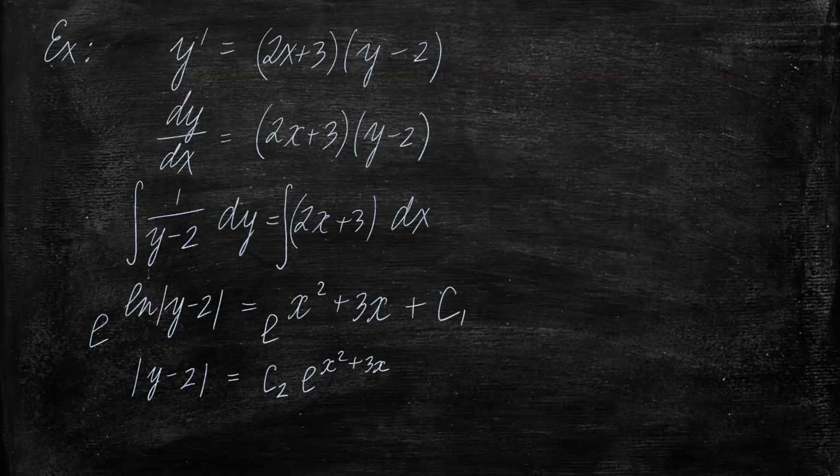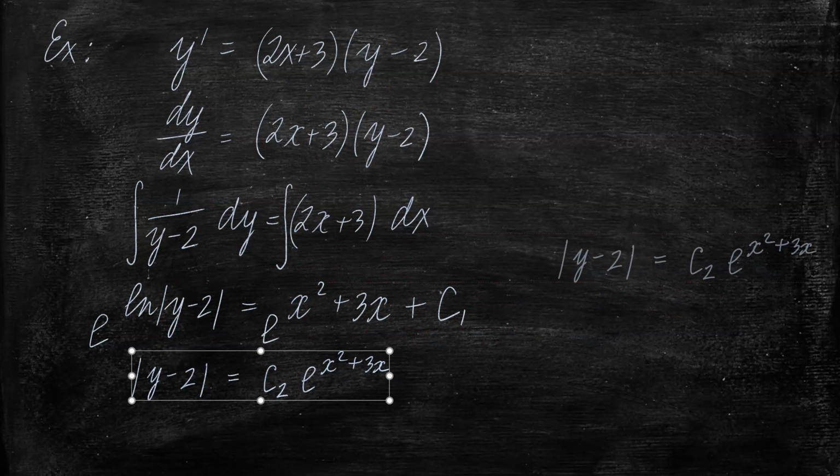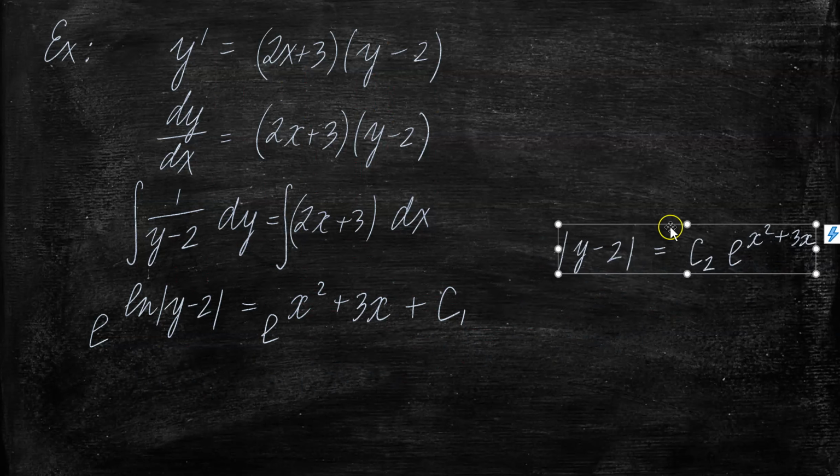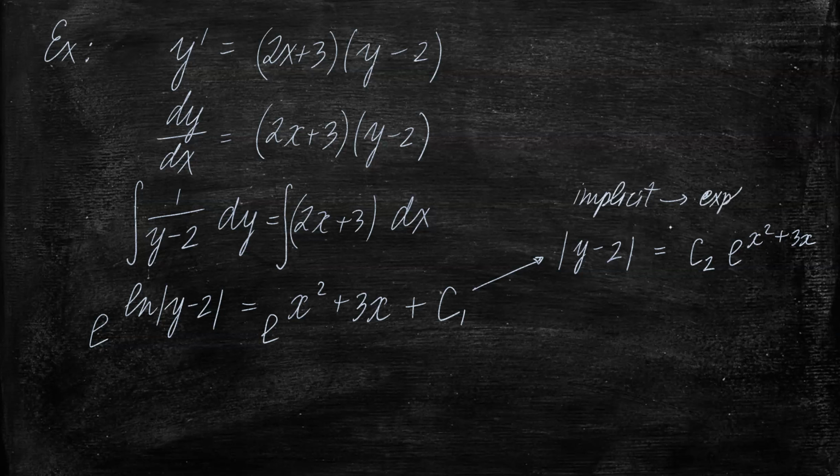To get rid of y minus 2, I guess let me do this on the side here, because these steps technically have nothing to do with differential equations. This is just us turning the general solution from implicit form to explicit form.